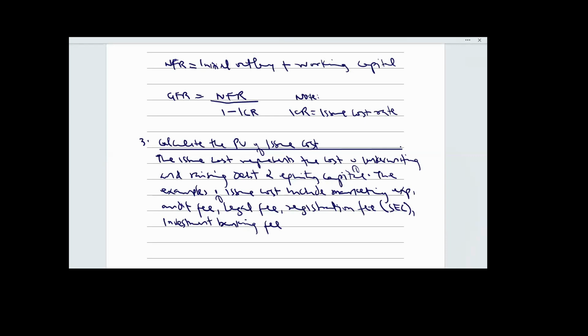Not only that, all the supporting documents that will be submitted to the Security and Exchange Commission and other regulatory bodies need to be reviewed by a lawyer or barrister. So the fee you pay to the lawyers is also part of the issue cost we are talking about.